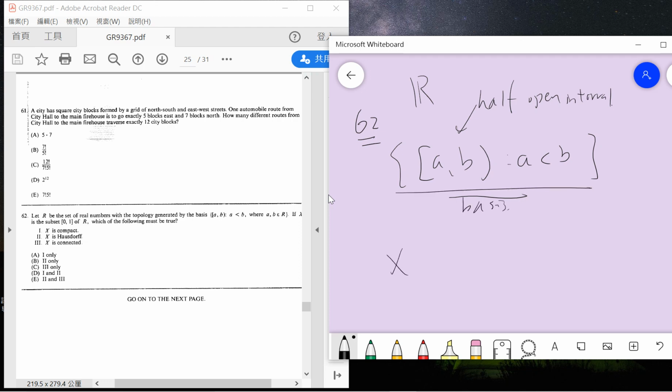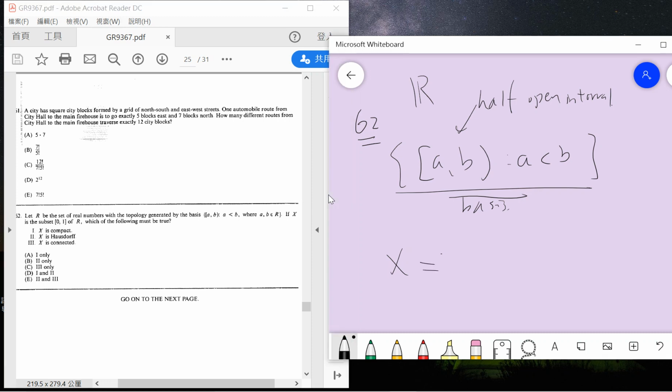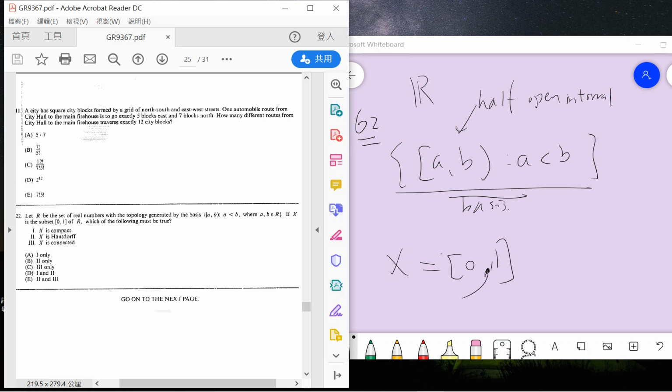And they ask about X, a subset of [0, 1], as a subset of R. Which of the following must be true?